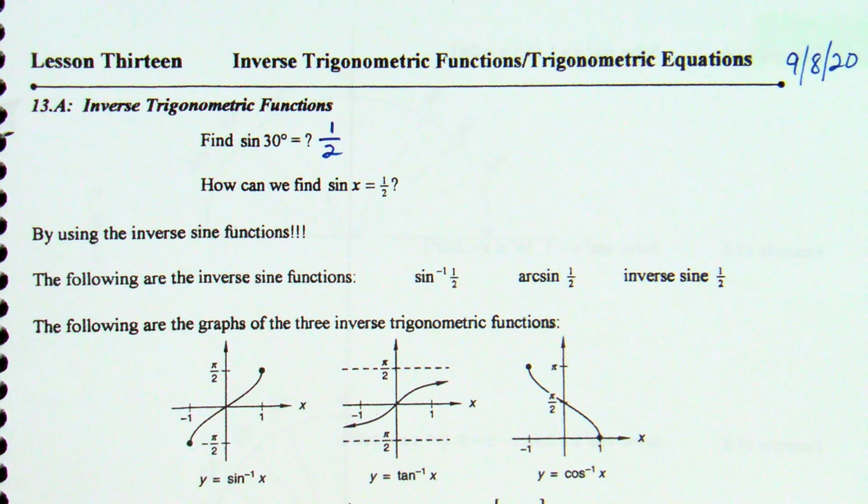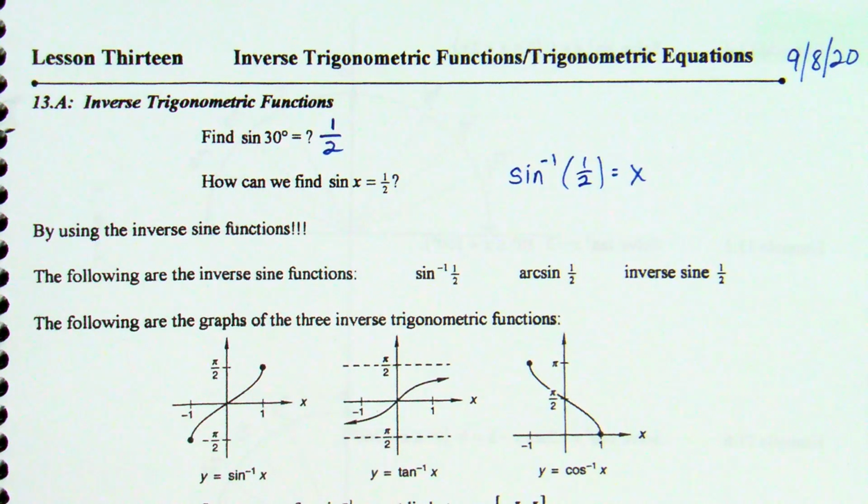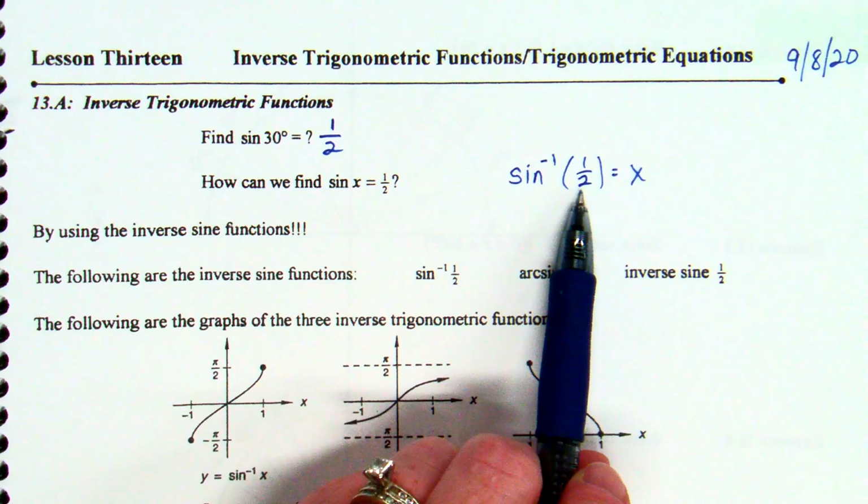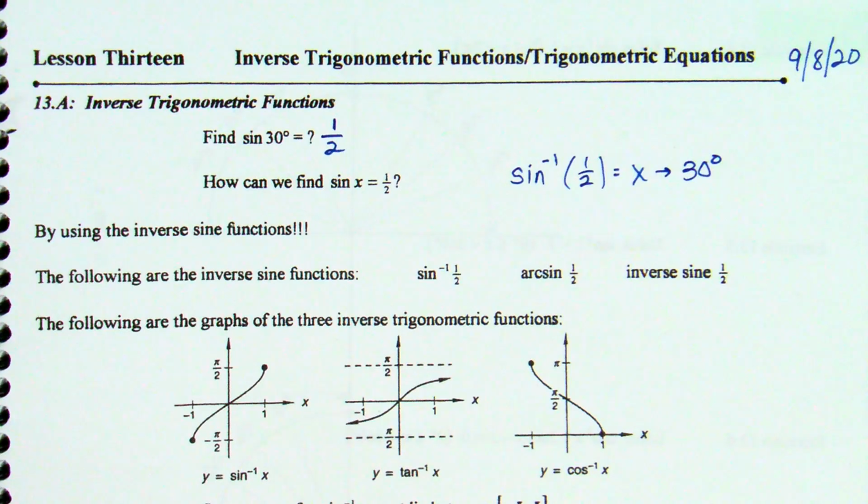So the sine inverse of 1/2 equals x. And what's that going to be? That's going to be the 30 degrees or pi over 6.